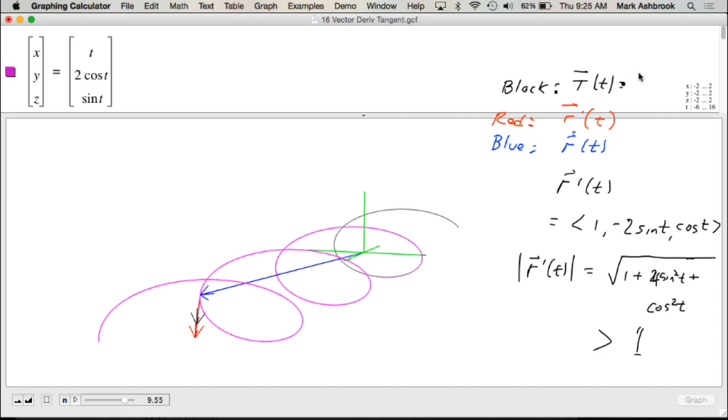So you would take the derivative vector, divide by magnitude. Okay, so that's review from last time, just kind of putting you on the spot to see if you can identify things visually. Any questions on that?